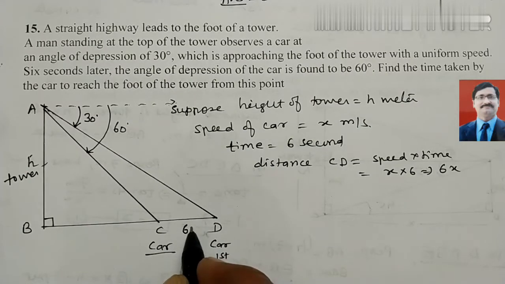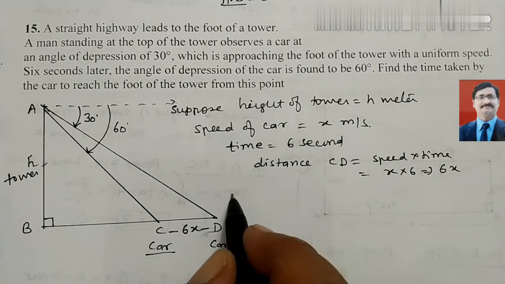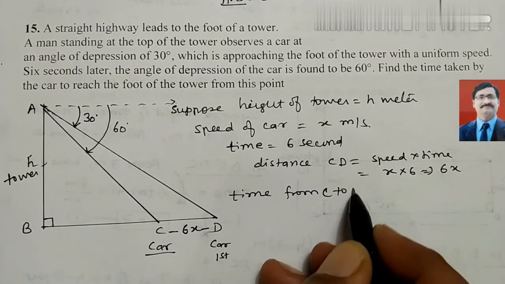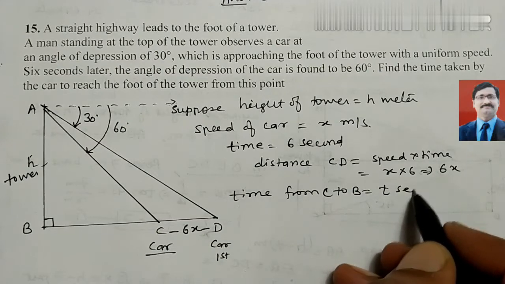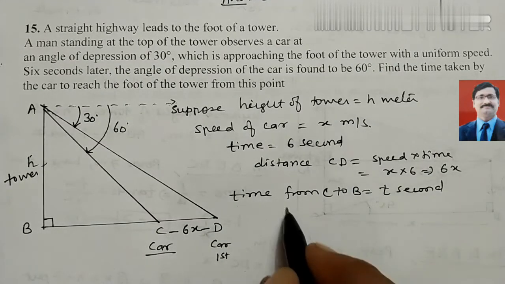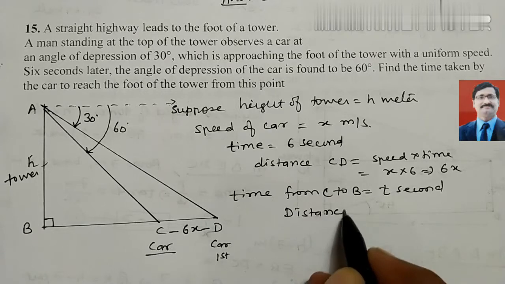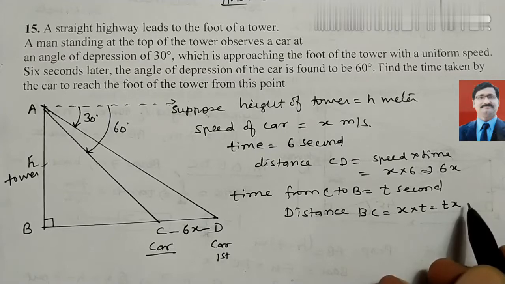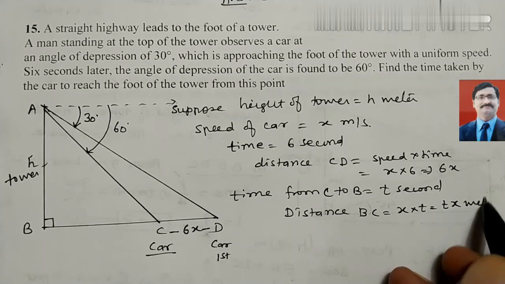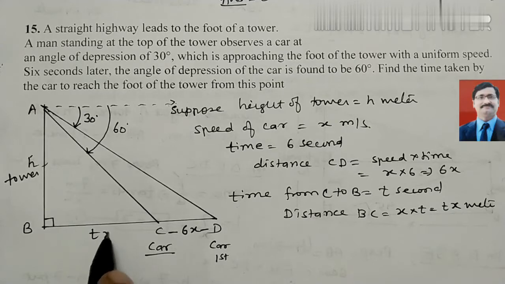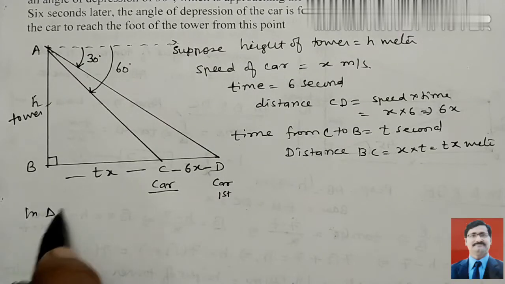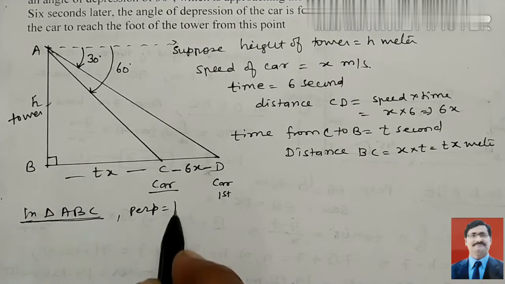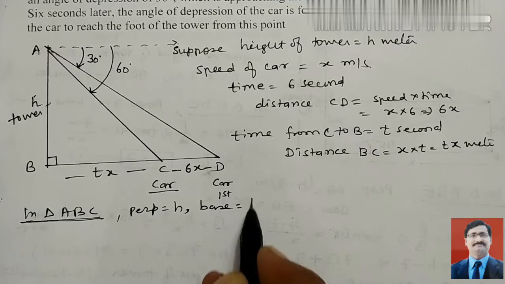So distance CD is 6x, and we take the time from C to B as t seconds. So the distance BC will also be x into t, meaning tx meter. Now in triangle ABC, the perpendicular is h and the base is tx.